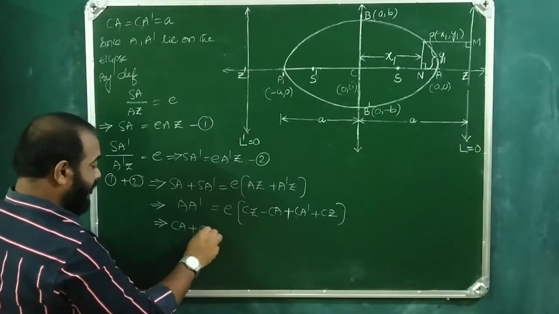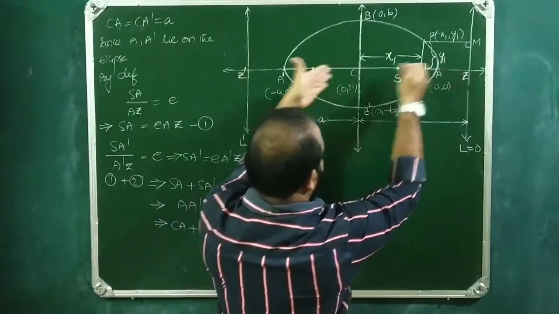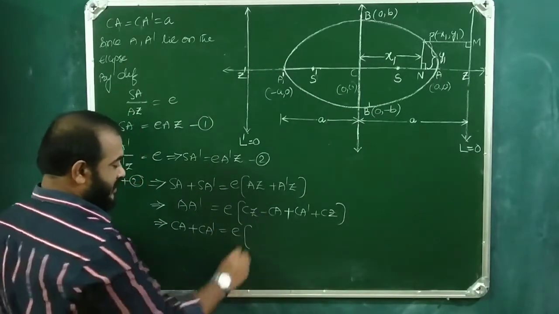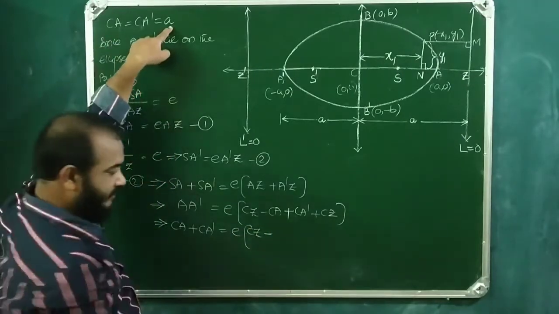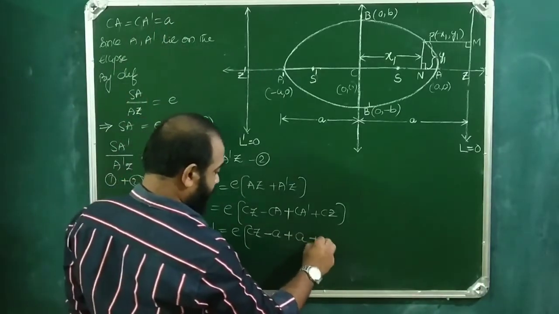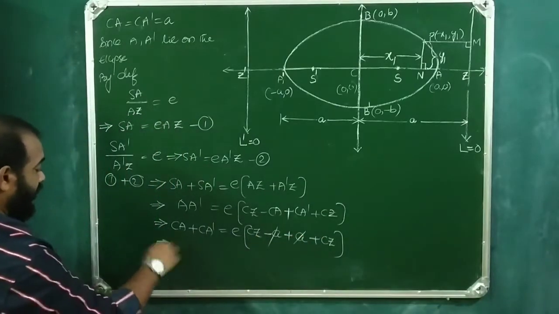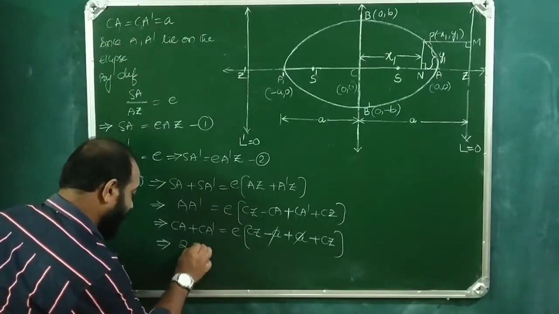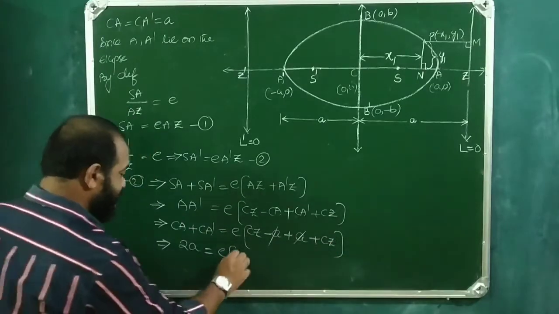So A A dash, CA plus CA dash, is equals to E into CZ minus CA, which is a, plus CA dash, which is also a, plus CZ. So CZ gets cancelled... here CA is a and CA dash is a. a plus a is 2a is equals to E into CZ plus CZ, which is 2CZ.